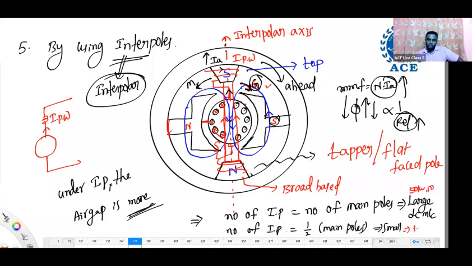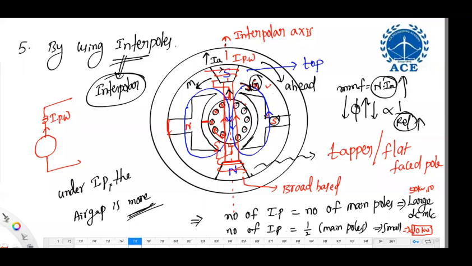In the range less than 10 kilowatts, you can consider them small. In labs, whatever we use are small rating DC machines. So above 10 kilowatts, all are large DC machines we can consider.